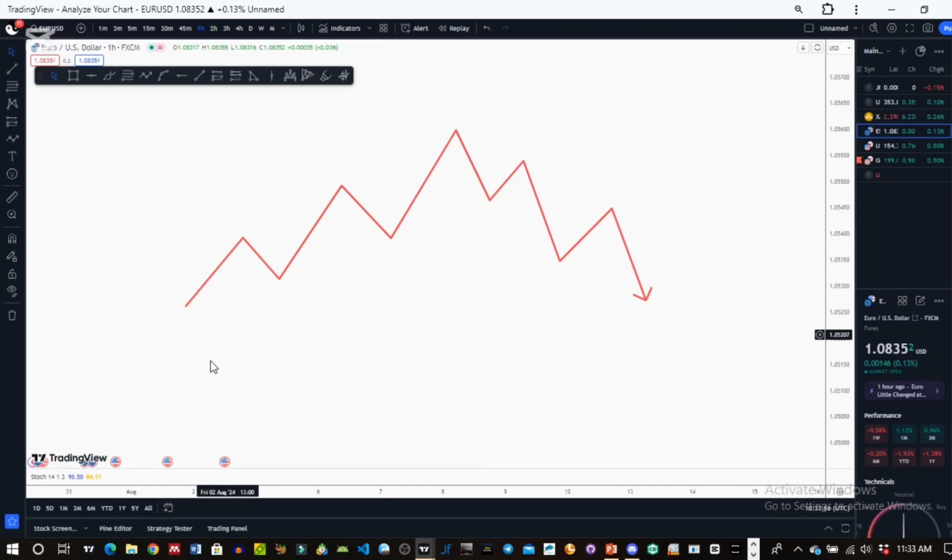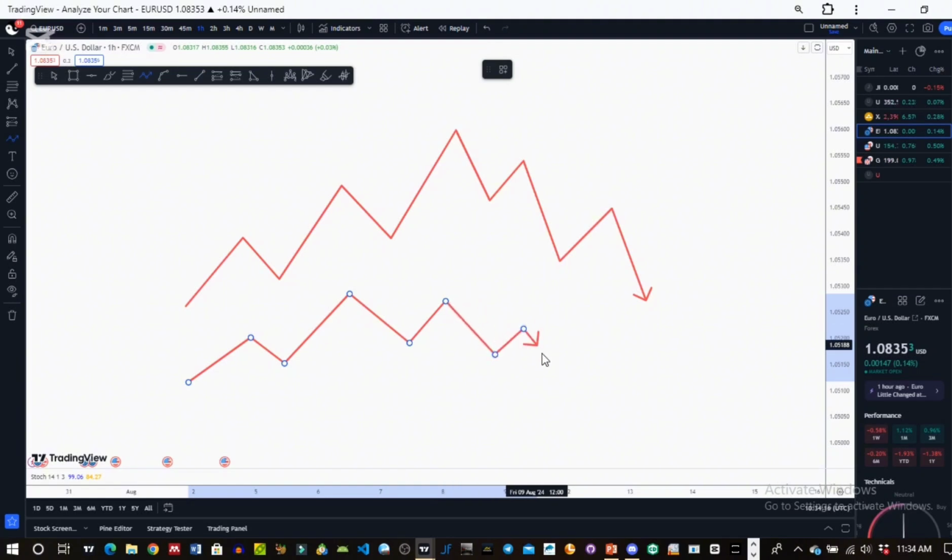How do we spot when this is likely to occur? By using the normal bearish divergence, all right?